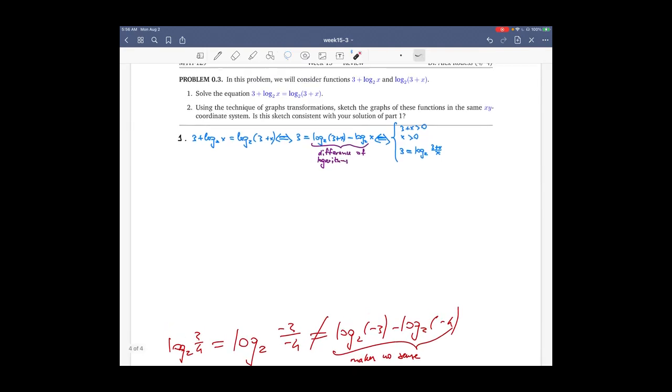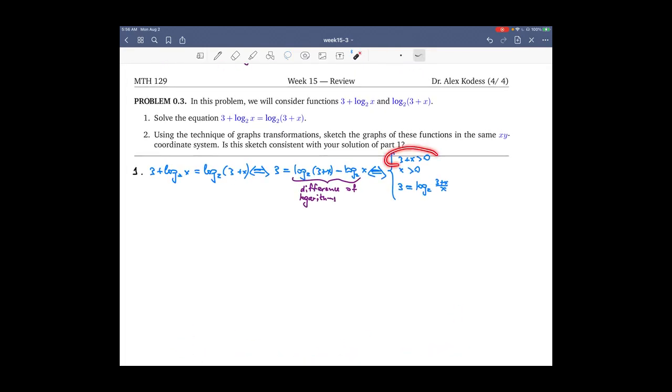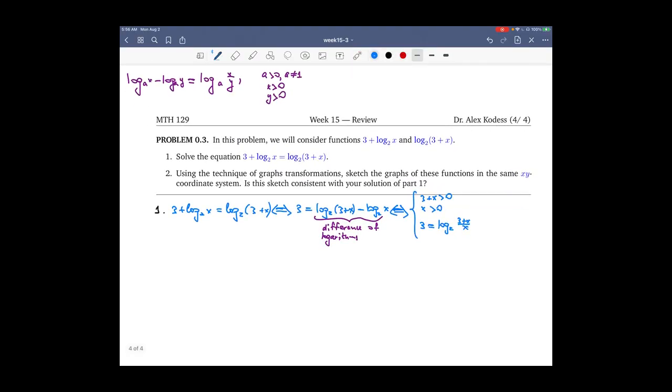Now we work with this system of conditions. What about the two inequalities, x greater than 0 and 3 plus x greater than 0? Of course, x greater than 0 is stronger than 3 plus x greater than 0, meaning that whenever x is greater than 0, it certainly follows that x plus 3 or 3 plus x is greater than 0. It's not true that 3 plus x greater than 0 implies that x greater than 0.